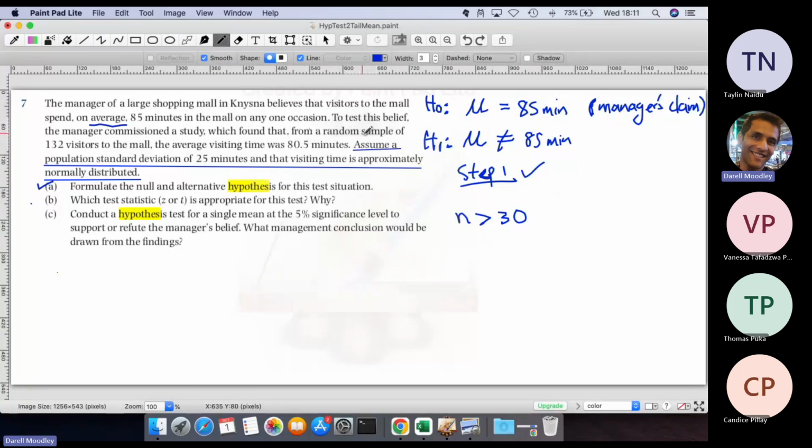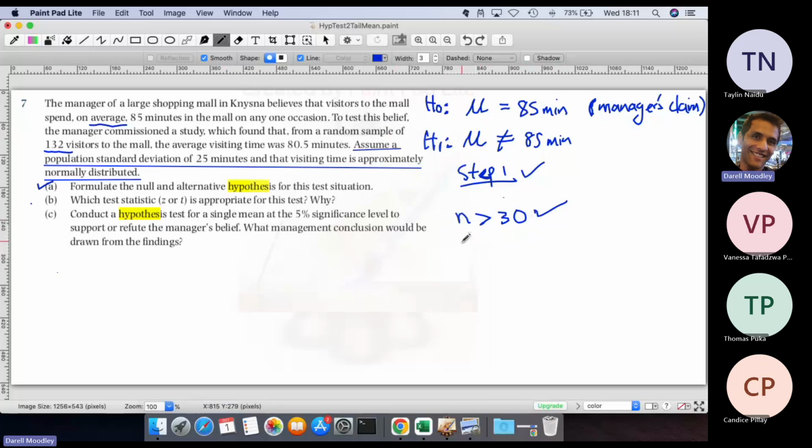It says a random sample of 132 visitors. That's your sample size. They sampled 132 visitors, so that does tick this box, because 132 is greater than 30. So we've met that criteria.